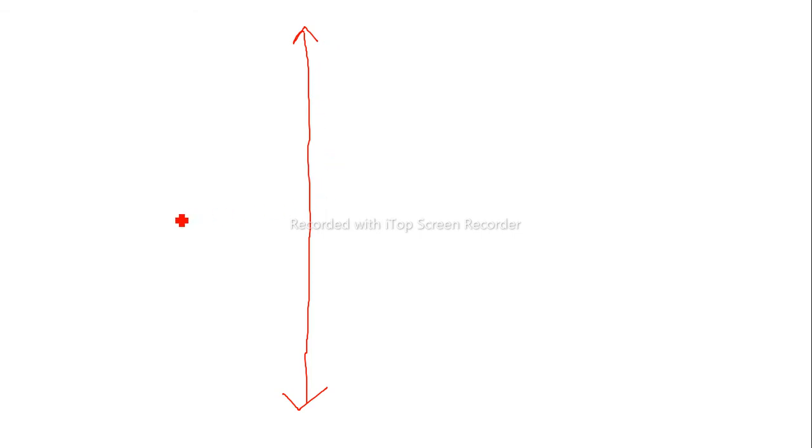So this is our line right there. Remember that the definition of slope basically is rise divided by run.